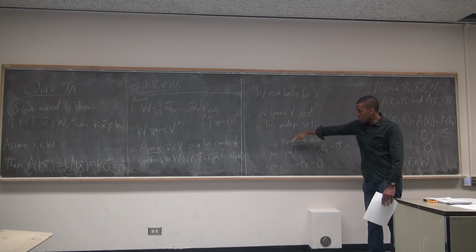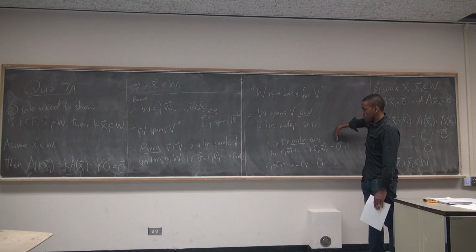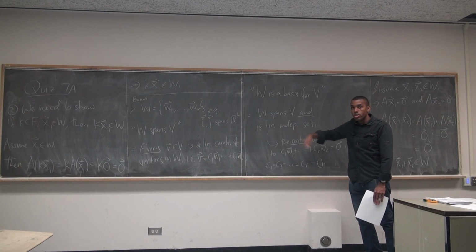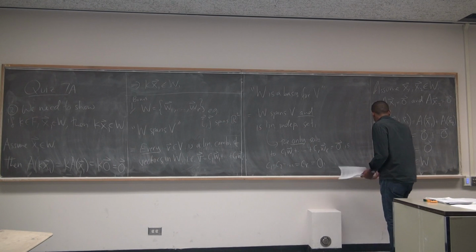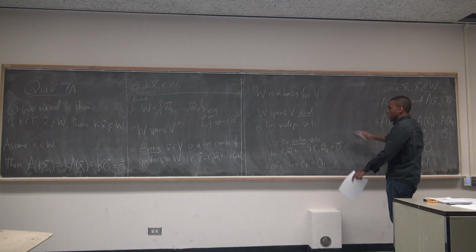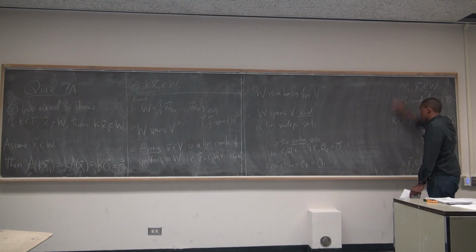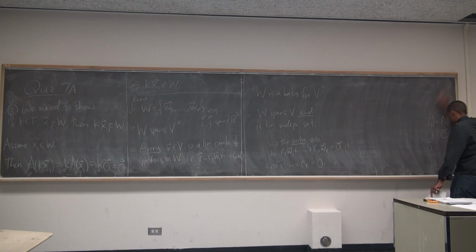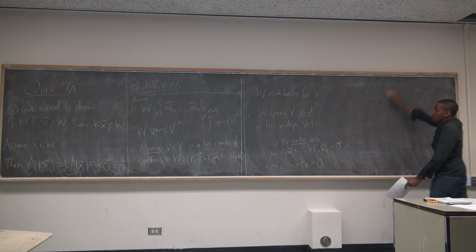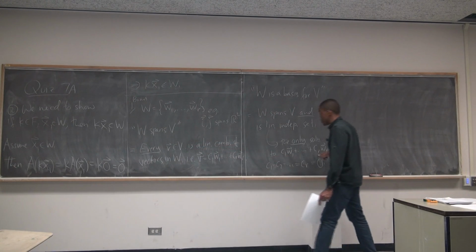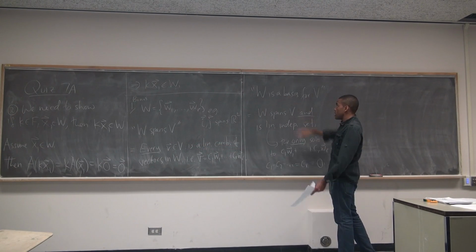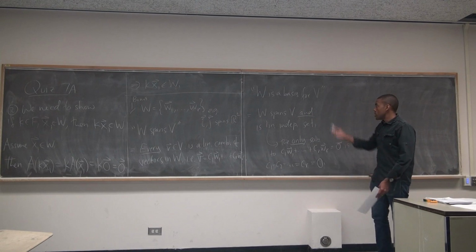If you can set up a linear combination equal to the zero vector, and the only way to solve that equation is to make all the coefficients equal 0, we say that it's linearly independent. Now, I'll go into conceptually what this means when we get to linear independence, but that's what it meant. So if this is true, and at the same time this is true for the same set W, we say W is a basis for V.